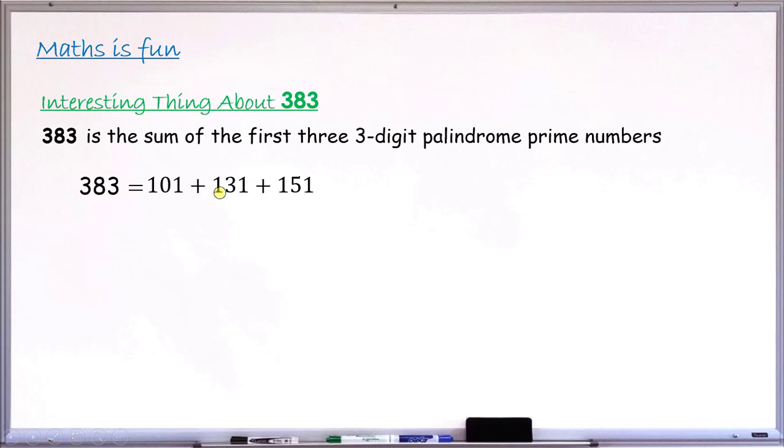The next palindrome prime number is 131. The next palindrome prime number is 151. If you add these three prime numbers that are palindromes, what you now have is 383. We will see more of these amazing things in mathematics in our subsequent lessons.